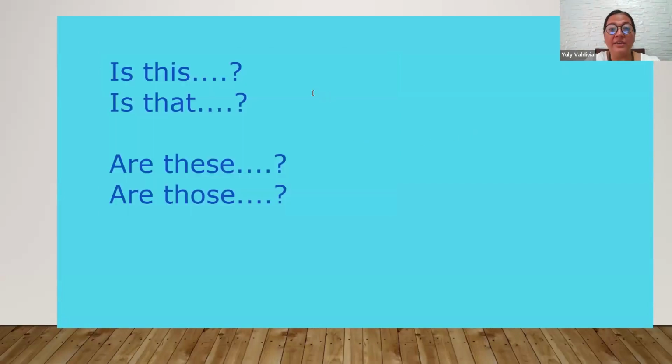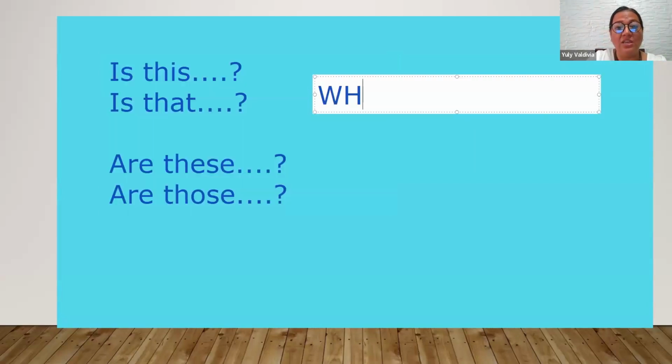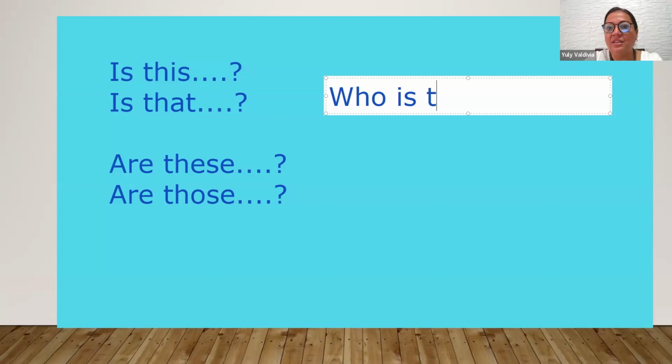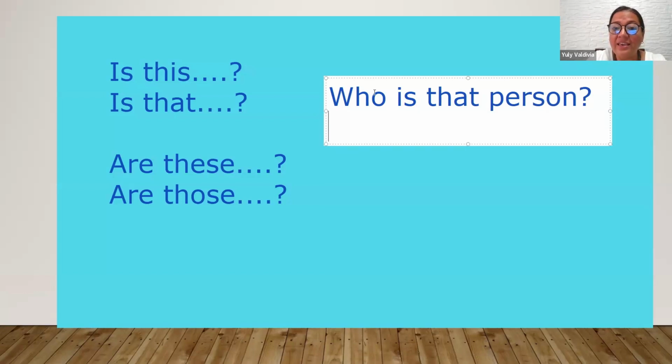Okay, we can also combine this using the WH words. ¿Quién está allí? Who is that person? ¿Quién es esa persona? Who's that person? Oh, I say, it's my friend. Wonderful.